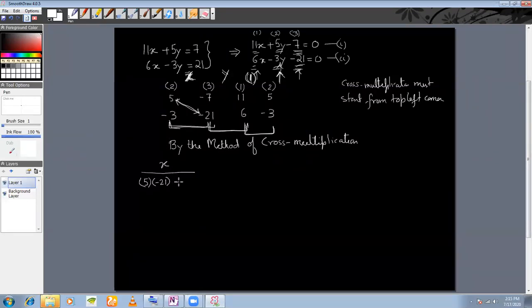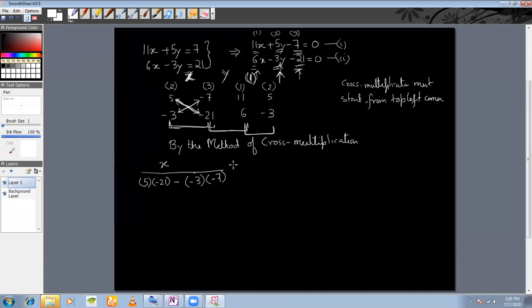And then a minus sign, and then I multiply these two, minus 3 into minus 7. So in the denominator, I'm subtracting the product of these two from these two.